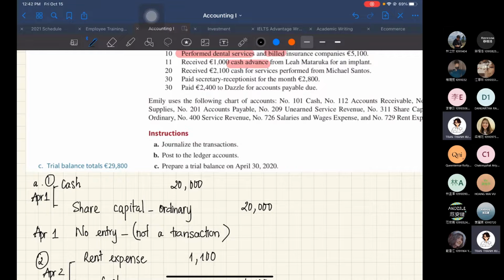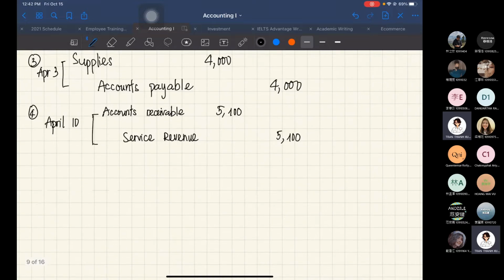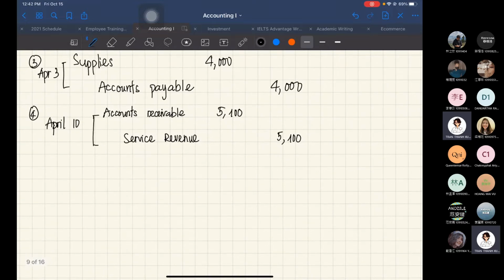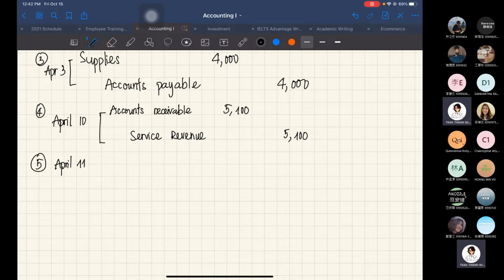Unearned service revenue is a contract account. So when you close the transaction, you must deduct it and credit the service revenue, right? So the transaction, April 11th. Today, you receive cash.